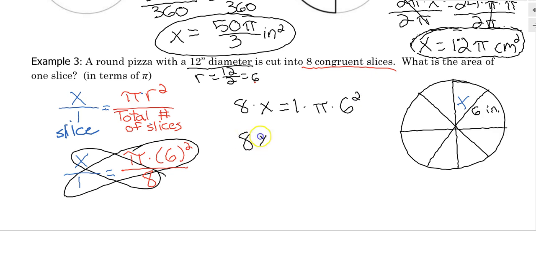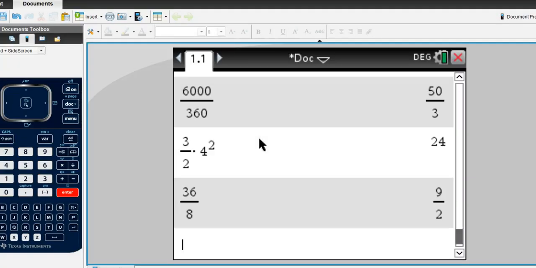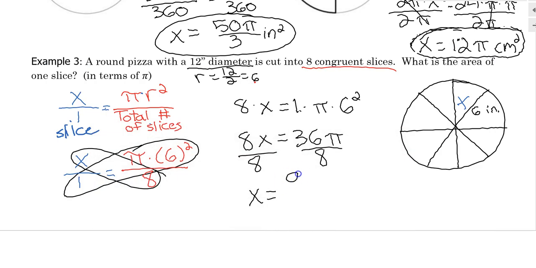So 8x equals, well, 1 times 6 squared is just 36 pi. And then I'm going to divide both sides by that 8. 36 divided by 8, we get 9 halves. So that is 9 pi over 2 inches, it's area, so squared.